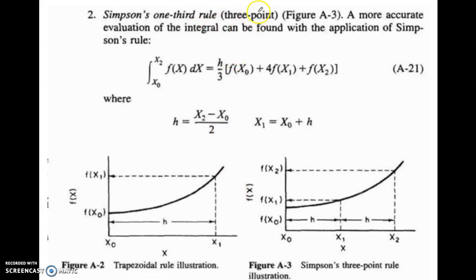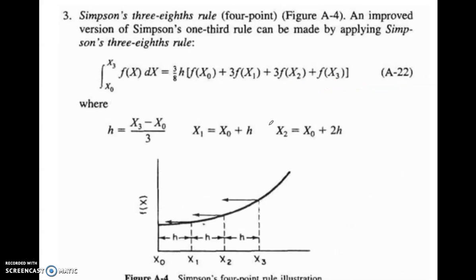If you have 3 points, x0, x1, and x2, you use this Simpson's rule, right? And then the third one is Simpson's 3/8 rule, which you can use for 4 points: x0, x1, x2, x3.